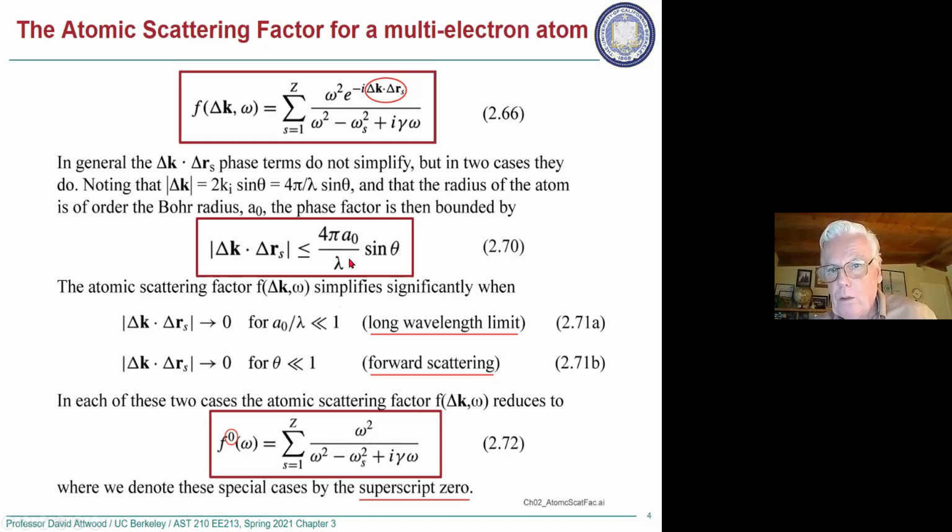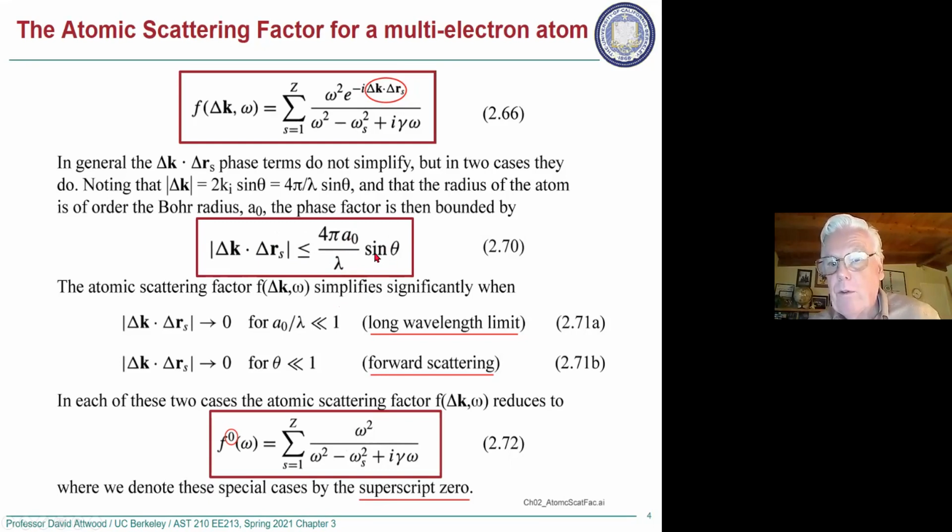And this goes to zero, or becomes extremely small, in two cases. One is where the wavelength is large compared to the atom. So for the soft X-ray and EUV region, this is really small, of order 10 to the minus 10 meters, and this could be nanometers or something like that. So it could be a big difference. And then there's the sine of the angle.